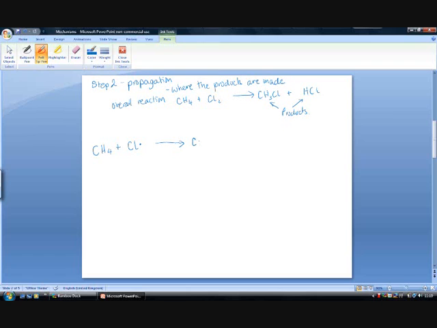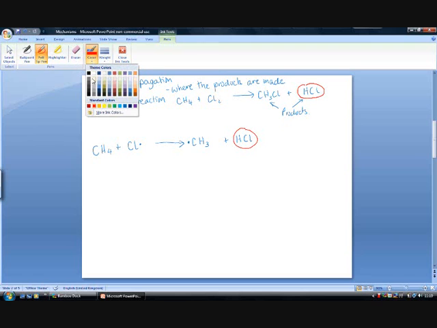So in the propagation step, this is what happens. The chlorine radical reacts with the methane and produces a methyl radical, CH3, with a lone electron, and the HCl. And now that's the product that's formed overall. You see HCl. So that's the first reaction in the propagation.